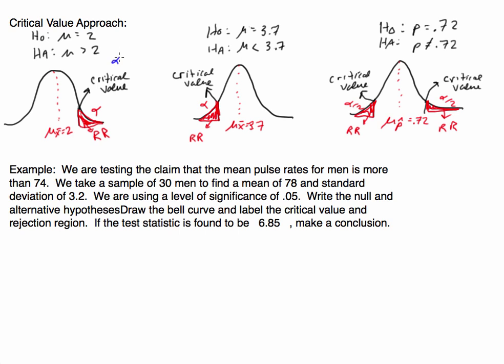That means we want the probability, or the area, of our rejection region, in this case the area to the right of the mean, to be 0.05. So we're going to find the critical value, in this case a t-score, that has 0.05 with a certain number of degrees of freedom to its right.